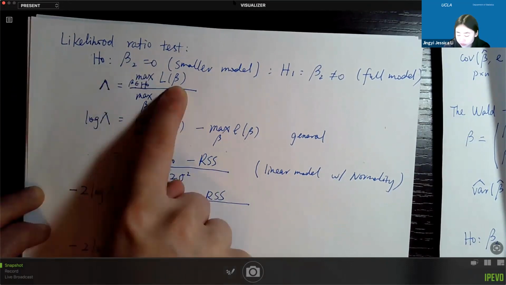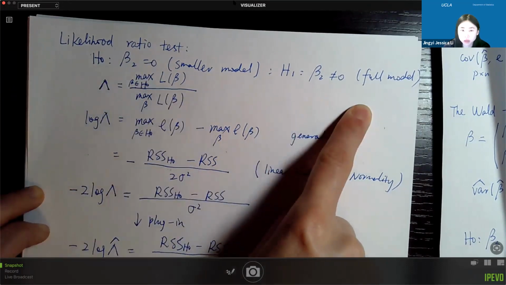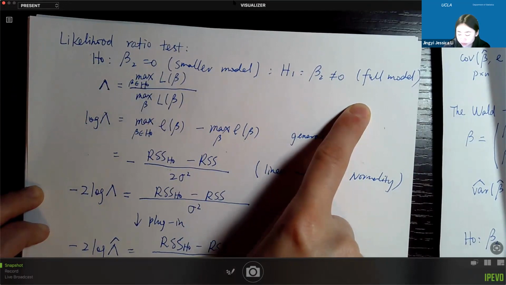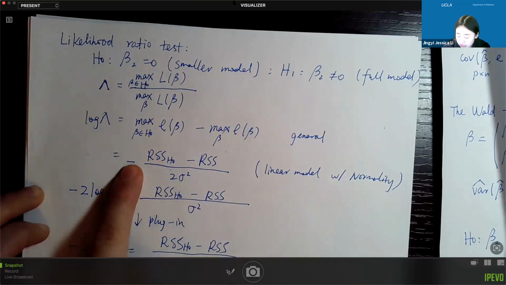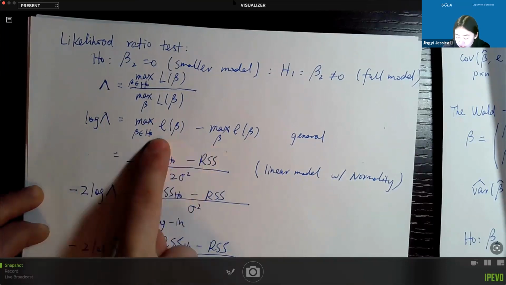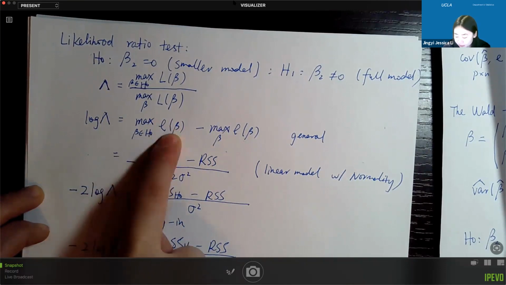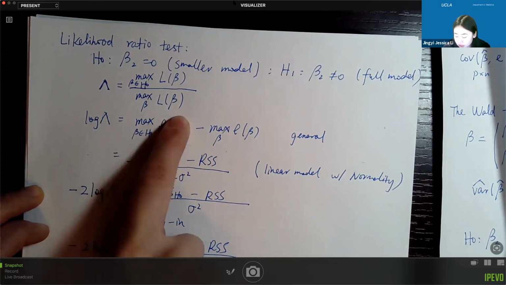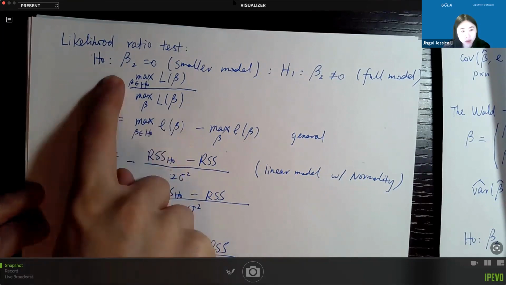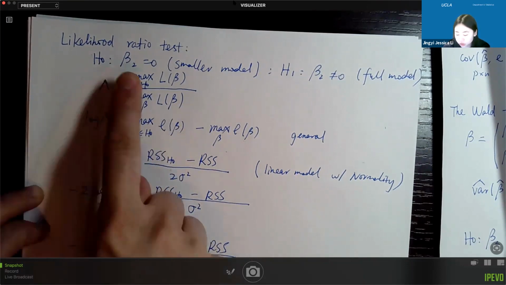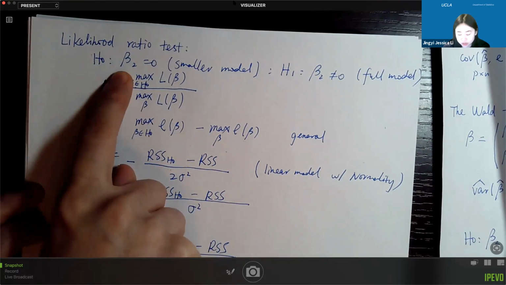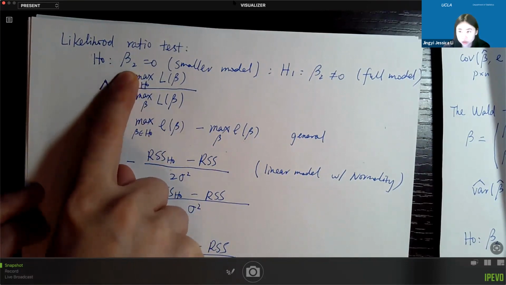That's the smaller model, while the alternative is the full model, which includes all the P-1 predictors.